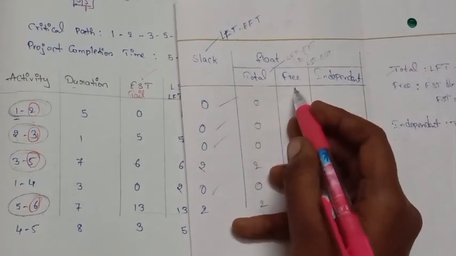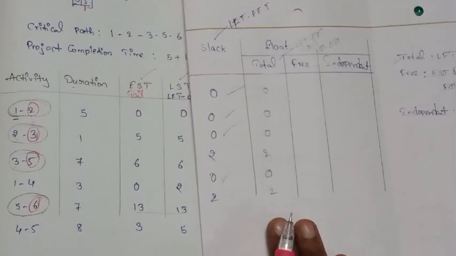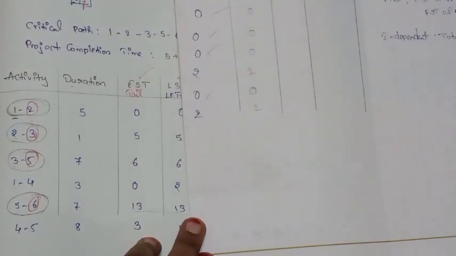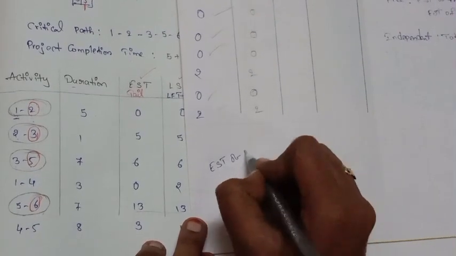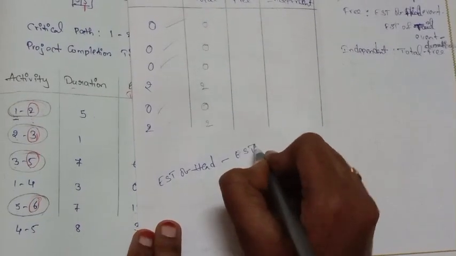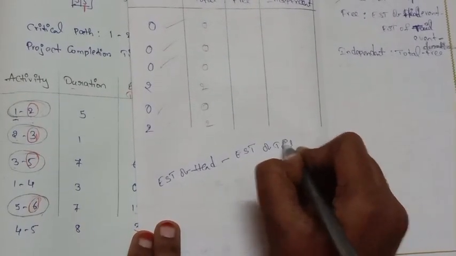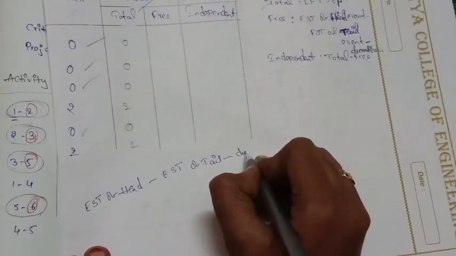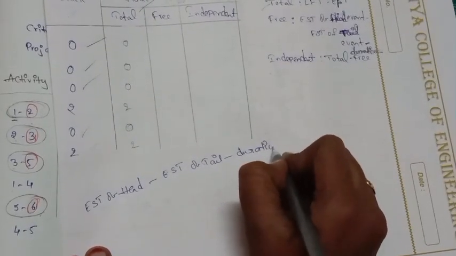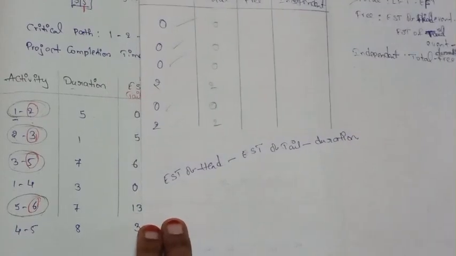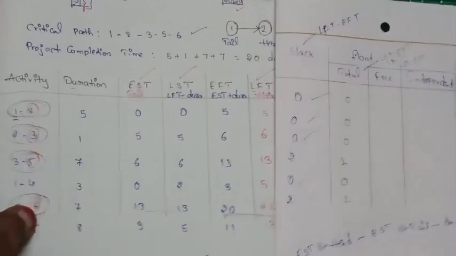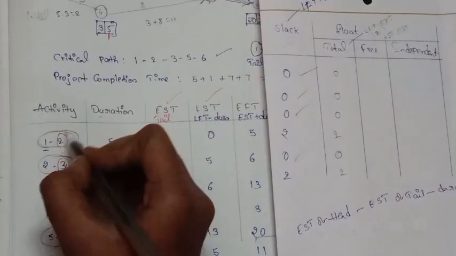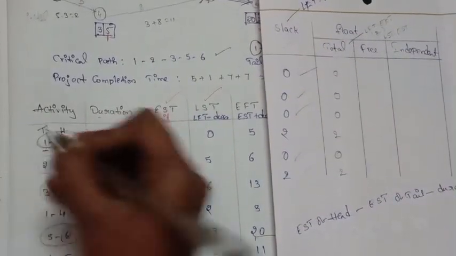Now move to free float. The formula is EST of head event minus EST of tail event minus duration time. This is our float formula, guys. Let us check for the first, 1 to 2. What is the head value here? 2 is the head and 1 is the tail.